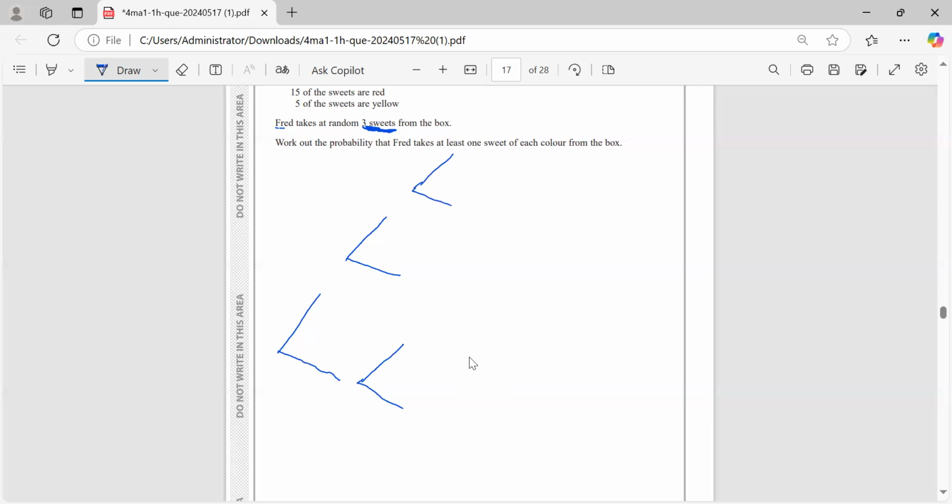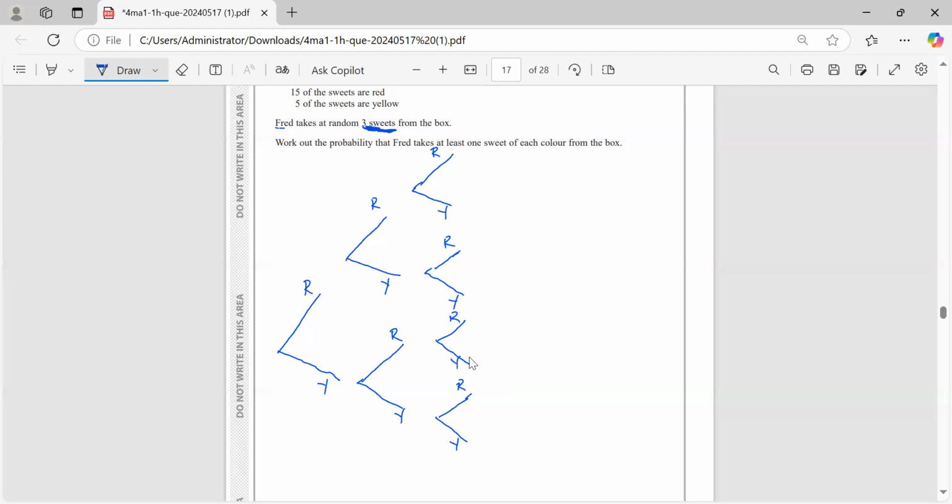So it's going to look like that, right? Okay. All right. So we have a probability tree diagram that's going to look like this. All right. So of course we have R for red and Y for yellow. So that's what we're going to have. Red, yellow, red, yellow, red, yellow, red, and then yellow.